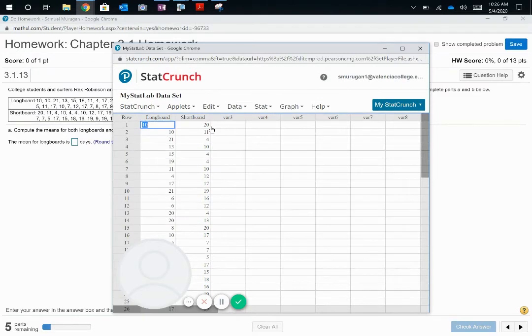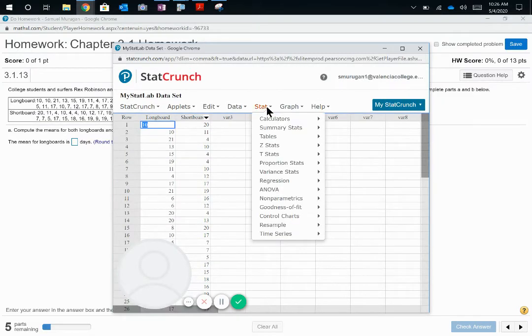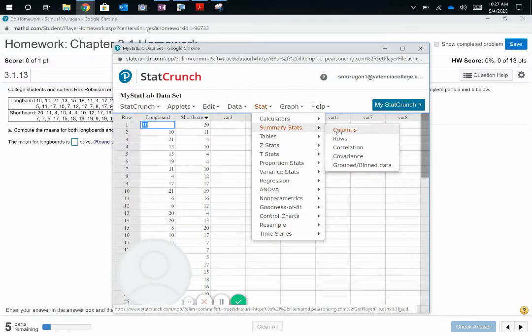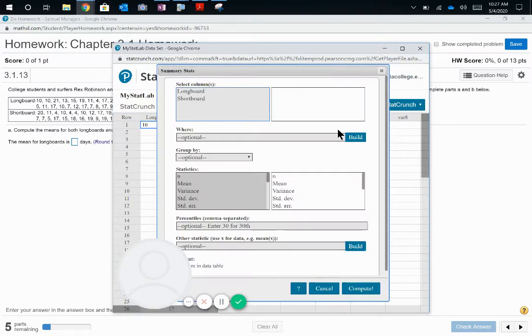Give the program a chance to load, and then you're going to press the Stat button, Summary Stats for columns, and first we're going to find it for longboard surfers. So press longboard and mean, and we're going to compute the mean for them.